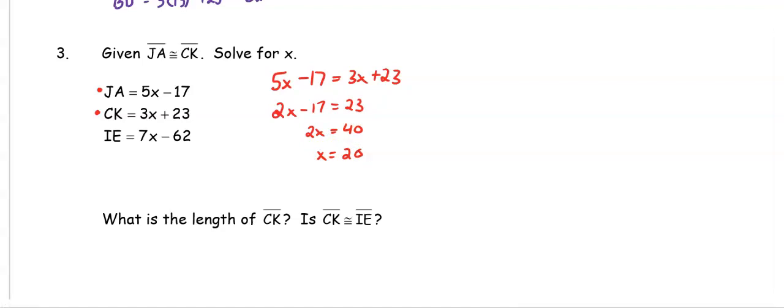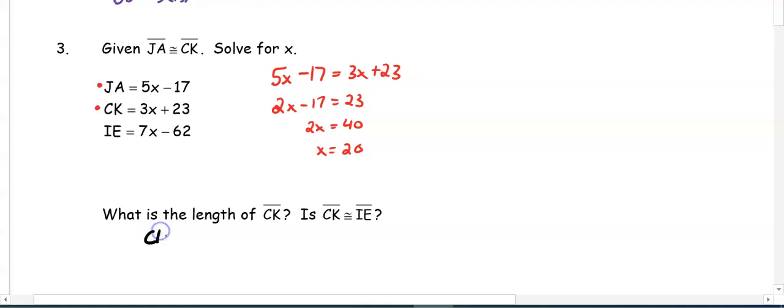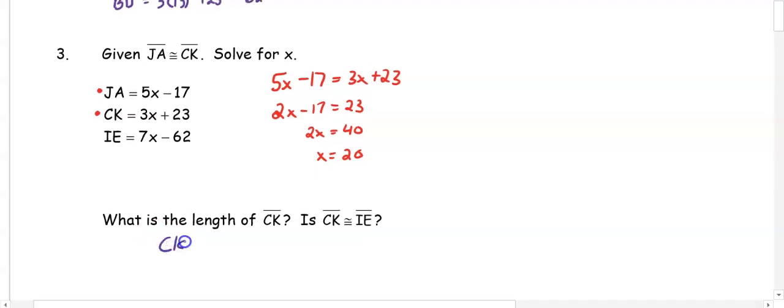Then in the second part of this question, it says, what is the length of segment CK? Is CK congruent to IE? First, to find the length of CK, we have CK is equal to 3 times 20 plus 23, so that gets us a length of 83.